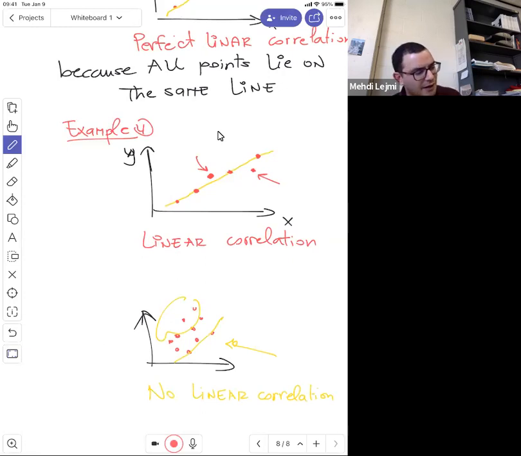In this case we have a mess, the positions of the points are kind of random, and it doesn't look like they are on the same line. That's different from this example, where there are some points that are not on the line, but they are not far.